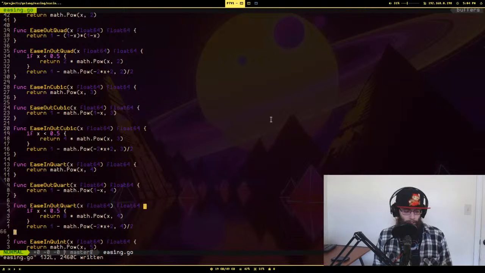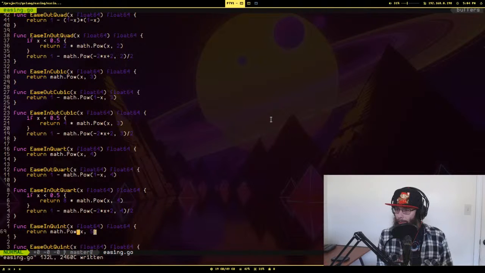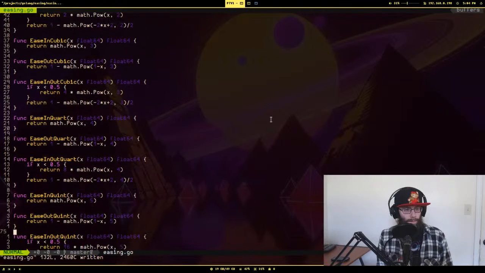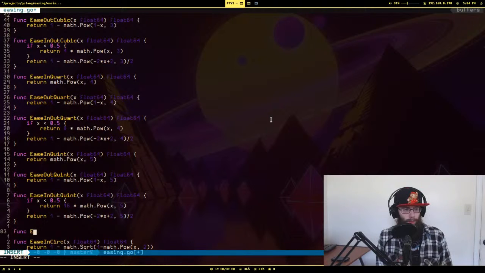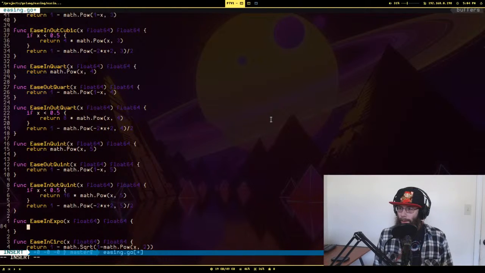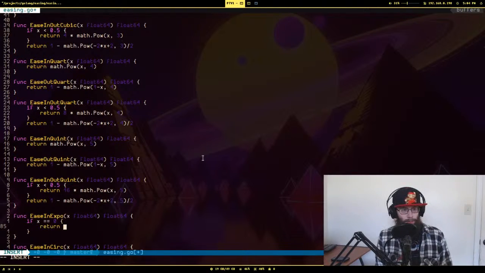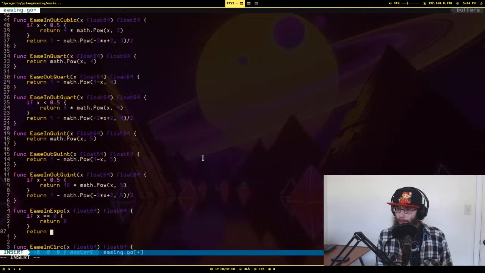Went exponential after quart. Func ease in exponential. If x equals 0, return 0, otherwise return math.Pow 2, 10 times x minus 10.